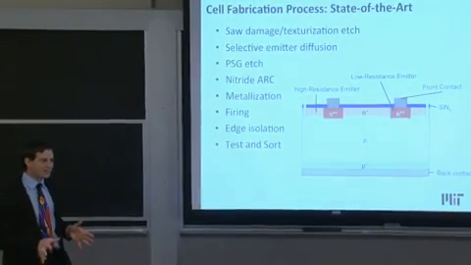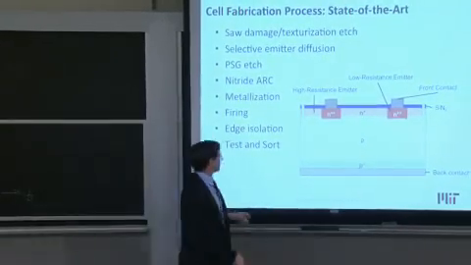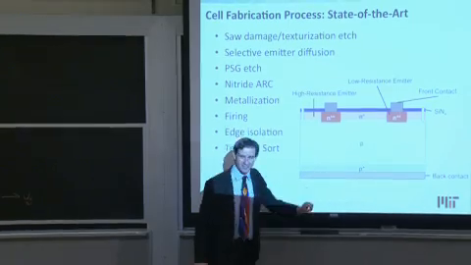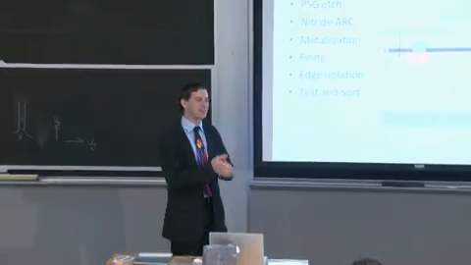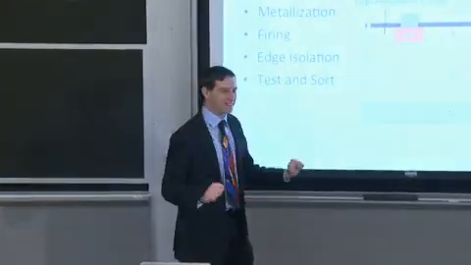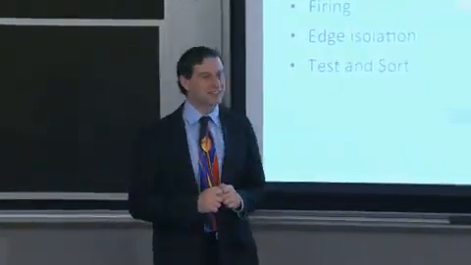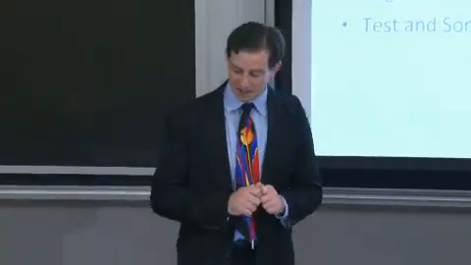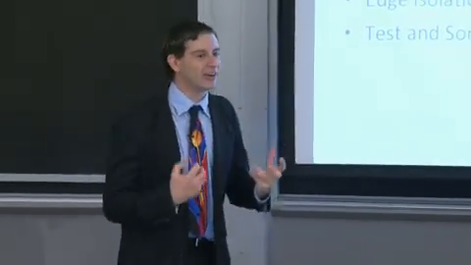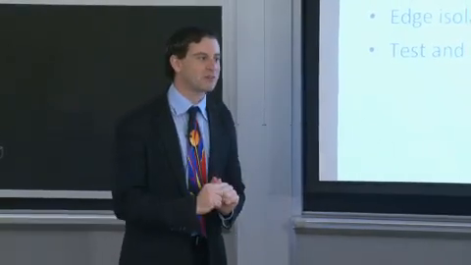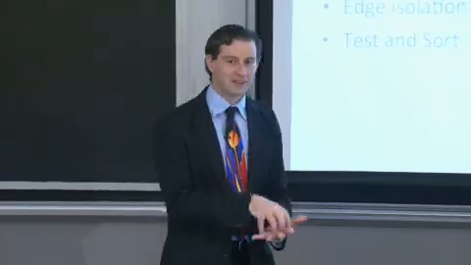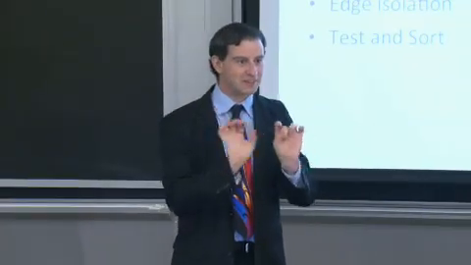Funny but true story. There was a company I once worked with to solve a problem, and they were getting lower efficiencies in their new process, and they couldn't figure out for the life of them why. They checked everything. And it turned out that they were cutting their wafers to a slightly smaller size than they were before. And their tester had embedded in it a fixed number for the area.